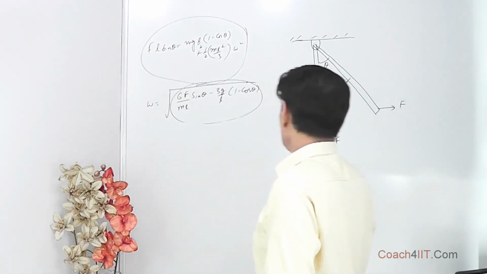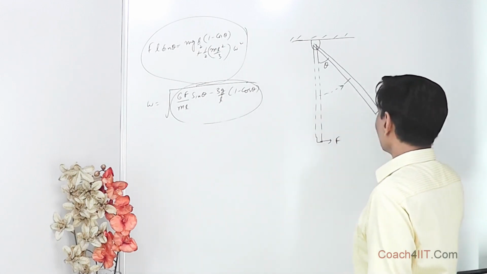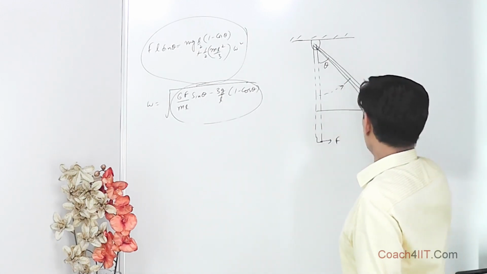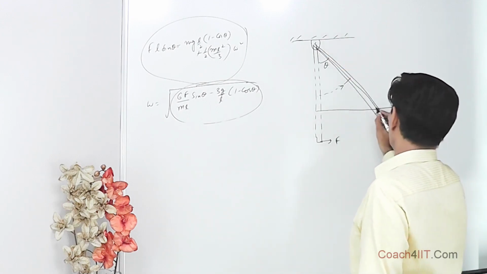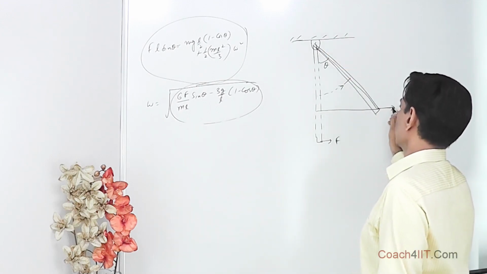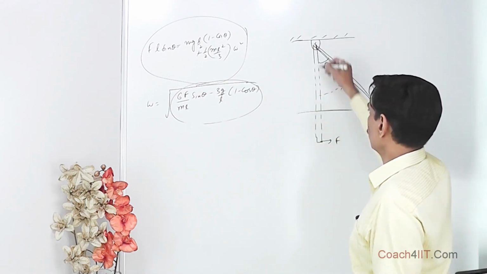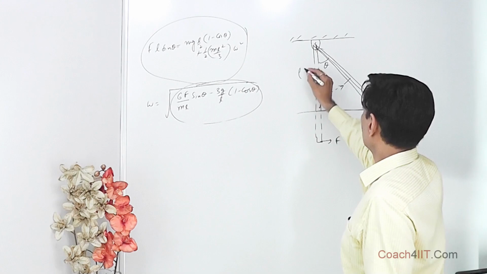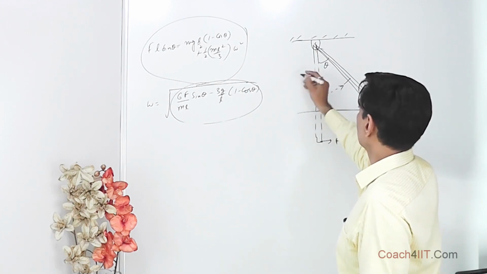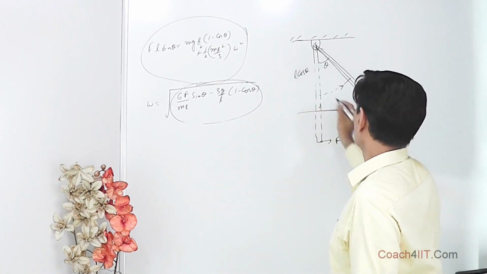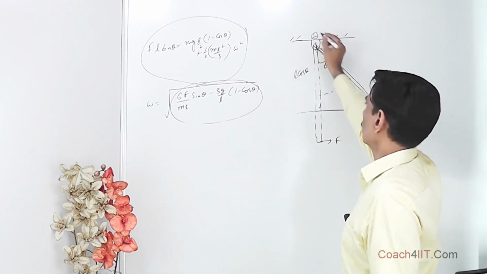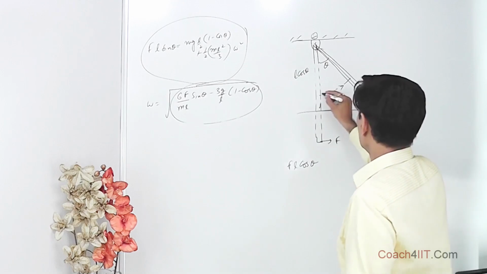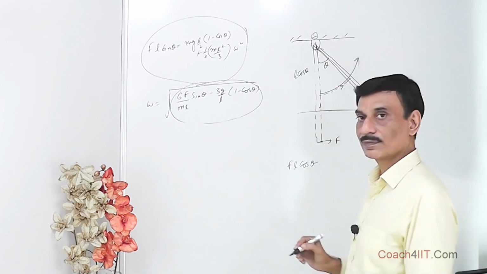We see the torque of this force at any instant. This is L. So the torque of this force about this axis is force into the perpendicular distance between the line of force and the axis. If this is L, then this is L cos theta. So the torque of force about this axis O is F into L cos theta, which is trying to rotate the body this way.